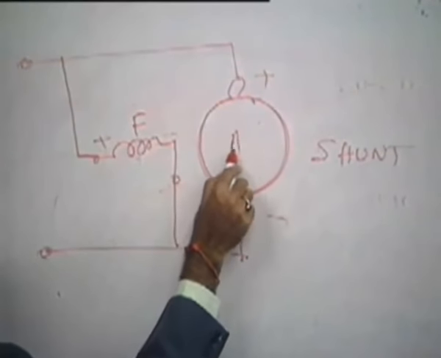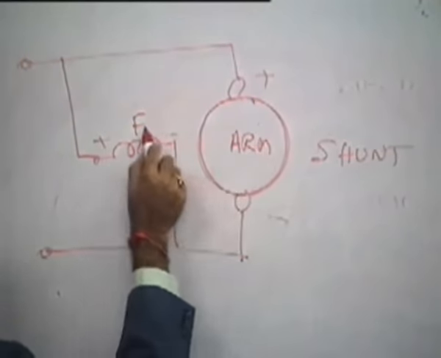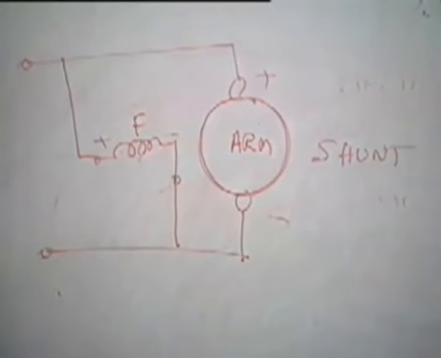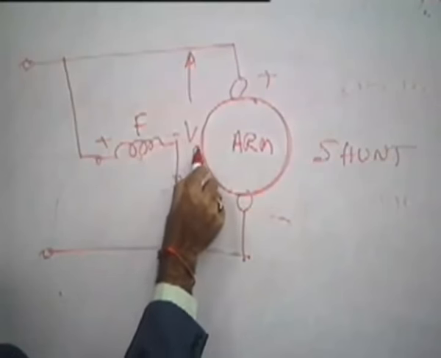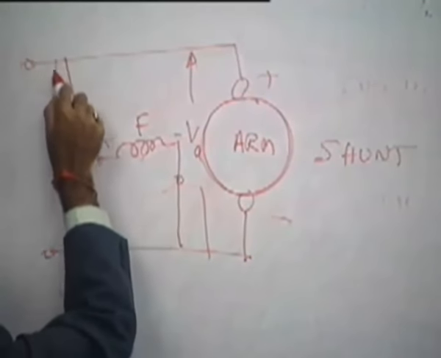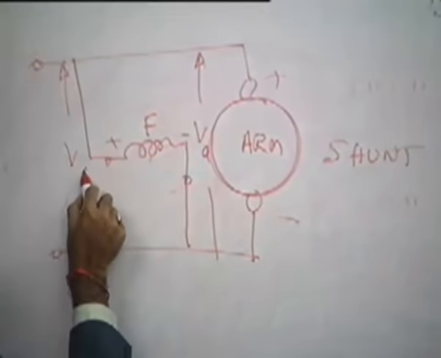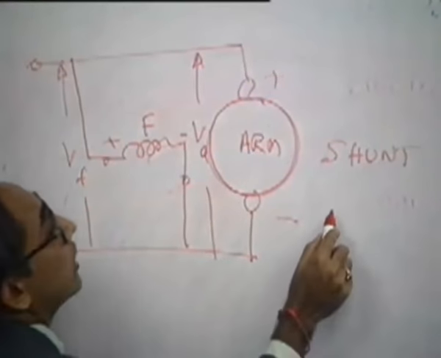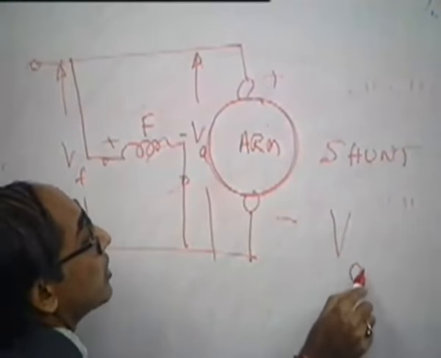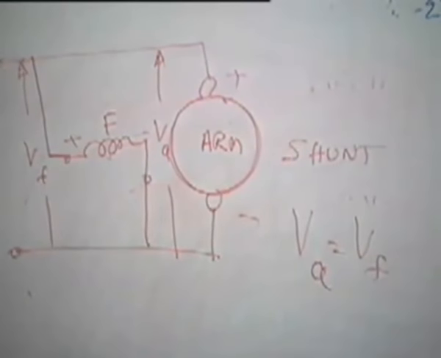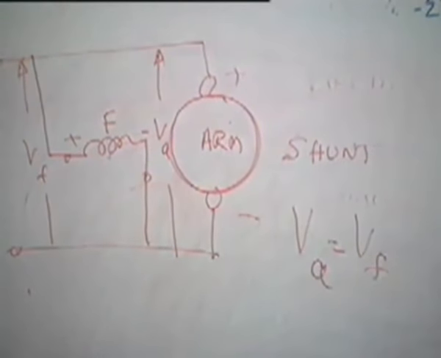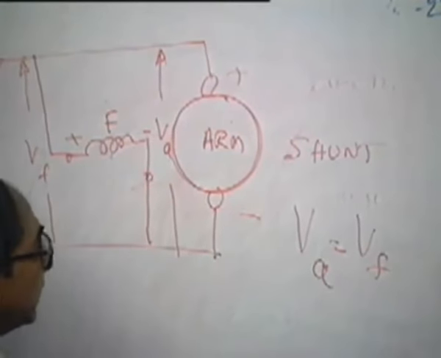This is the armature, and what you will notice here is the voltage across the armature is same as the voltage across the field. Then this is the shunt connection.